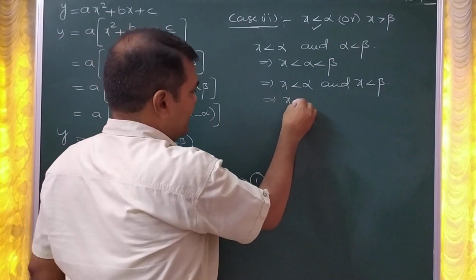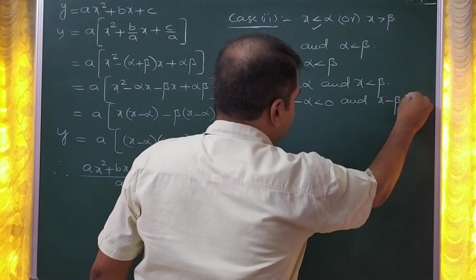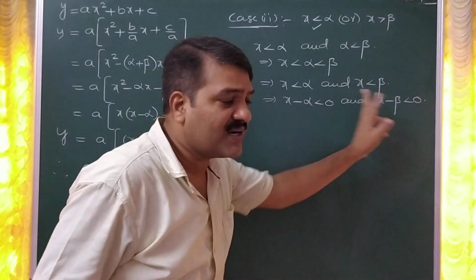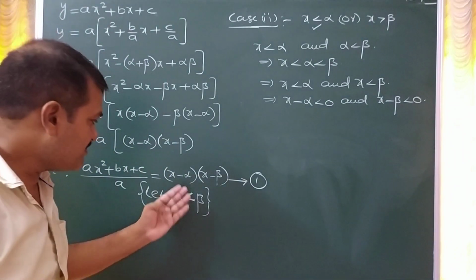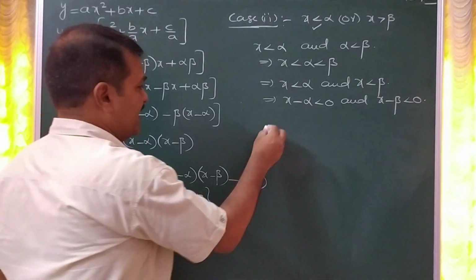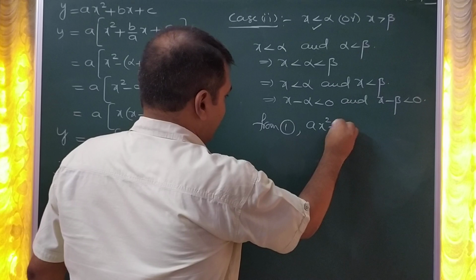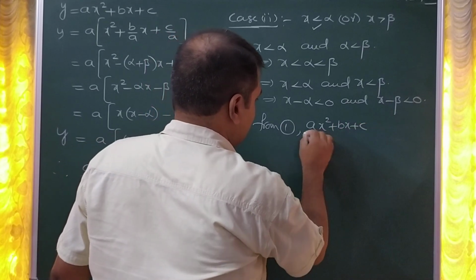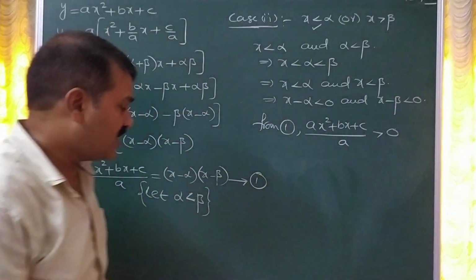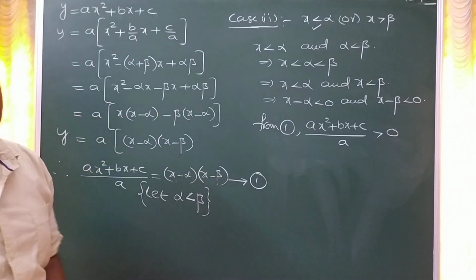Okay, so x minus alpha is less than 0 and x minus beta is less than 0. So x minus alpha, x minus beta both are negative. Substitute here. This is negative, this is negative. So the product is going to be positive. That means from 1, (ax square plus bx plus c) by a is greater than 0, because both these are negative, the expression is going to be positive.